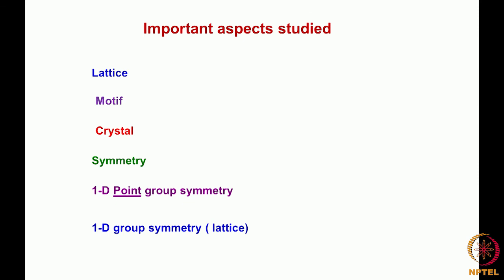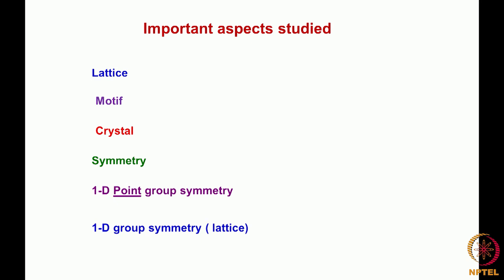So what are the important things which we have studied so far? Even looking at a simple one-dimensional lattice and a one-dimensional crystal, we have got information about the lattice, about the motif, some definitions, what a crystal is, and then what symmetry is.